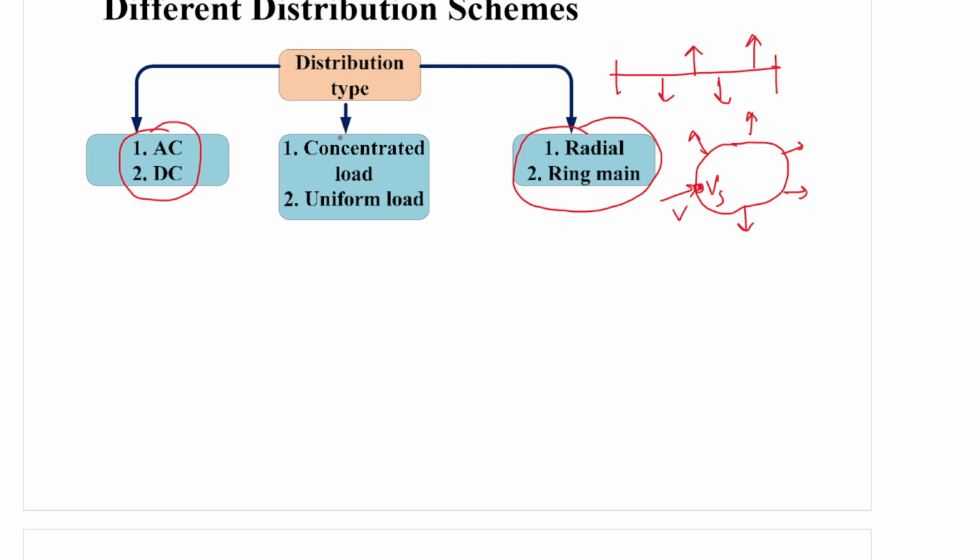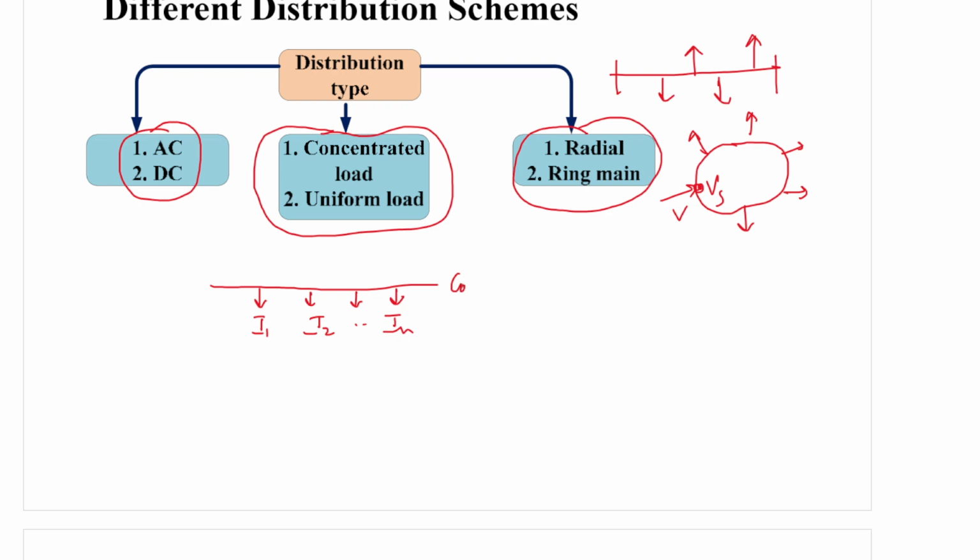Now, depending on the magnitudes of the load, we may classify our distribution system as concentrated load and uniform load. What are they? Suppose we have a conductor like this. If there are several tappings, let us say I1, I2 up to IN, where these currents are different, then this is called concentrated loading.